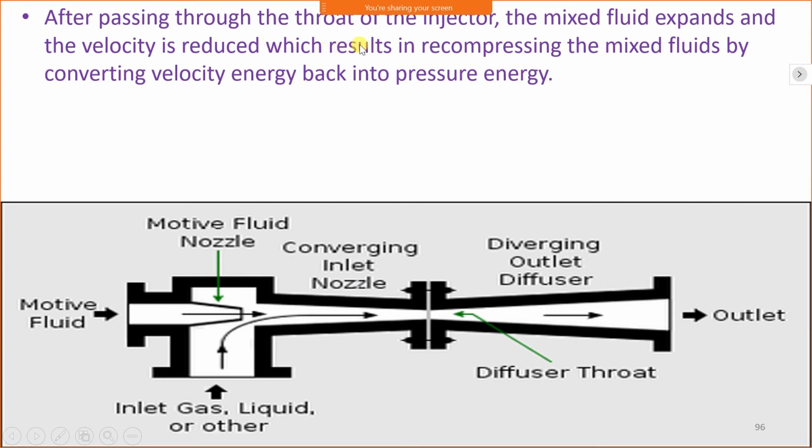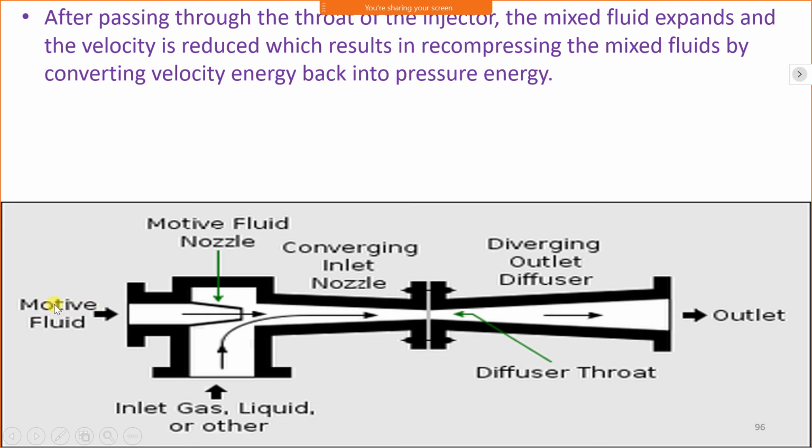After passing through the throat of the injector, the mixed fluid expands and velocity is reduced, which results in recompressing the fluid by converting velocity or kinetic energy back into pressure energy.